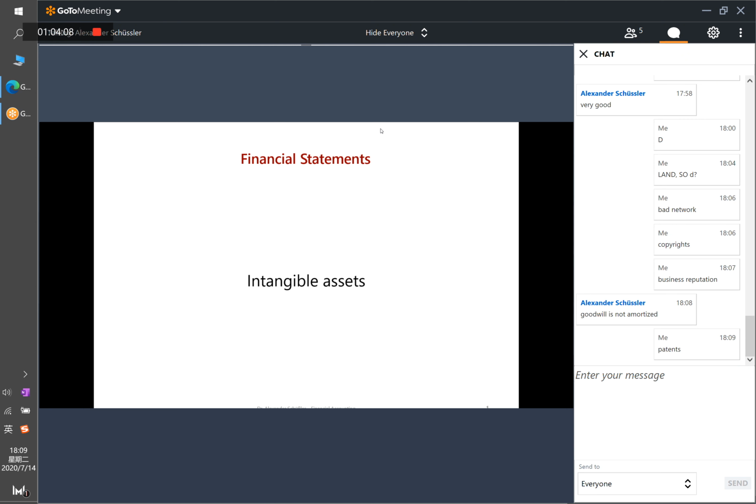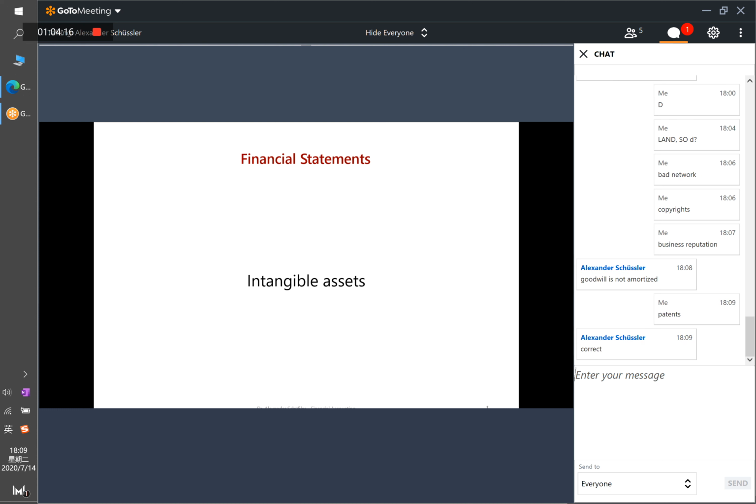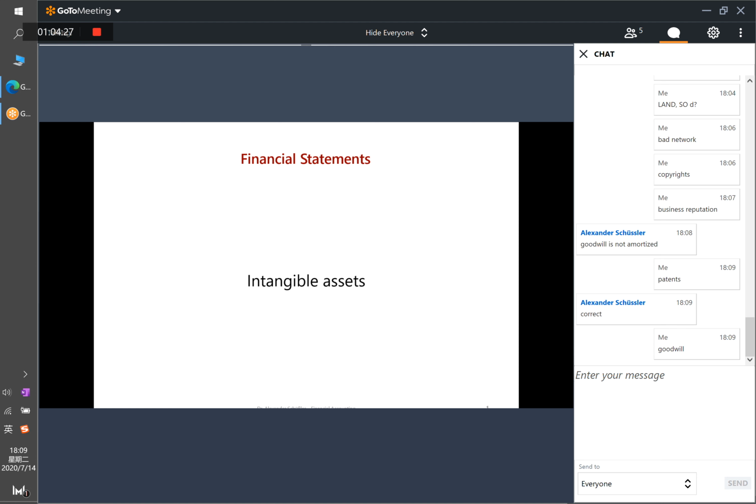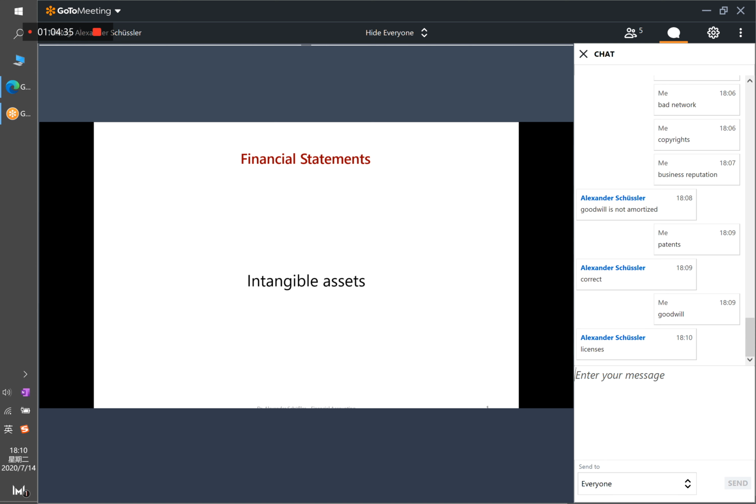So patents, for example. A patent is an intangible asset. What other intangible assets can you name? Goodwill, exactly. Licenses. If you have a license, yeah, so these are all intangible.